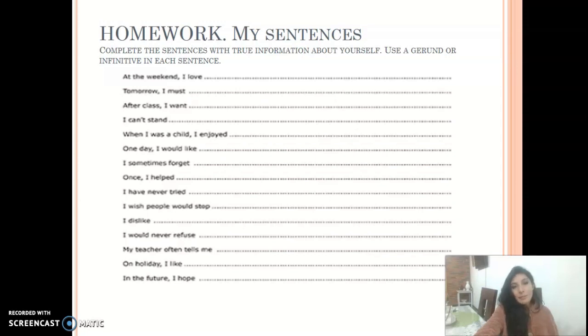It's easy, very easy, and I hope that you enjoy doing this homework because you need it to reaffirm the knowledge that we have acquired here and to know if you have learned or not, or maybe if you need something else, or maybe if something is not clear for you. So you need this homework in order to clear your doubts.